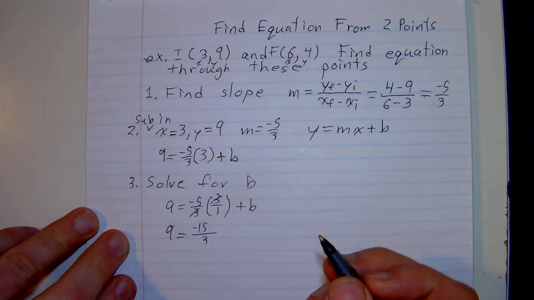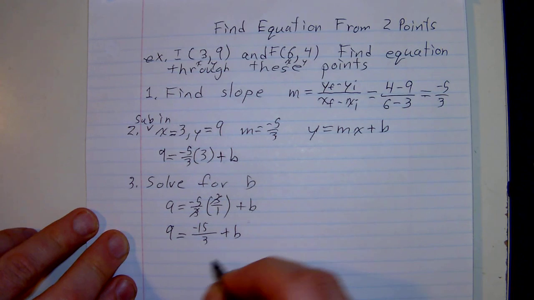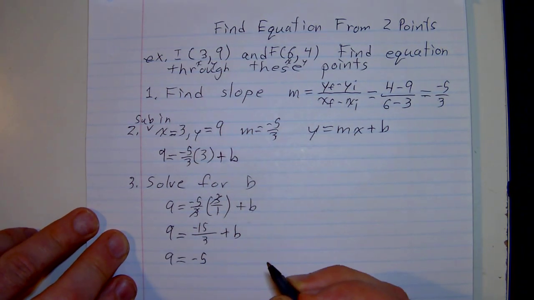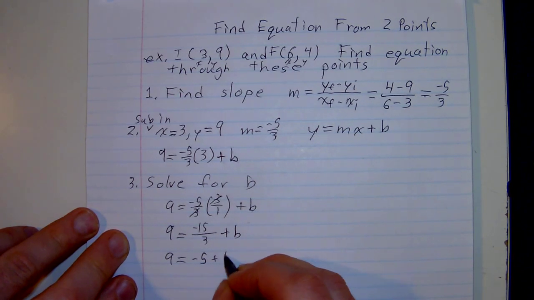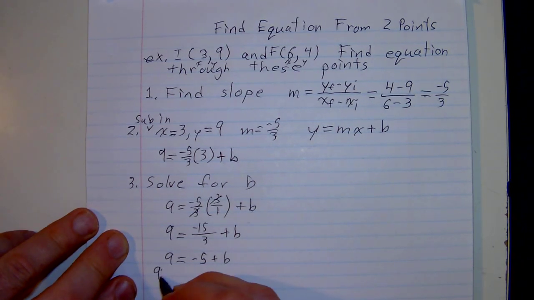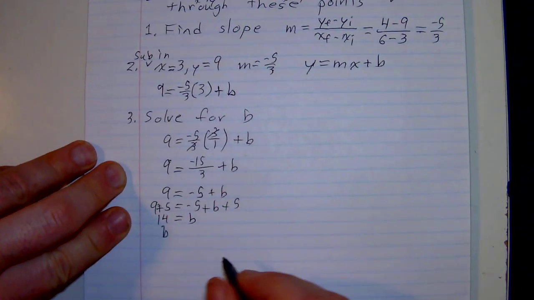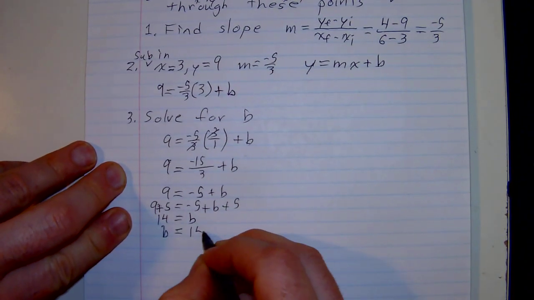So we'll see here in a second that that's exactly what we get. Negative 15 divided by 3 is indeed negative 5, plus b. Add 5 to both sides. And we get 14 equals b, or b equals 14.